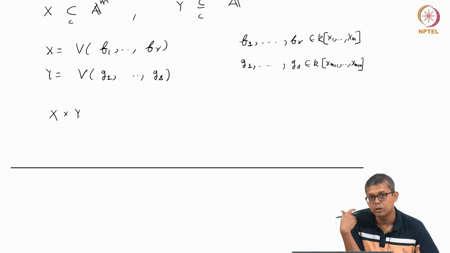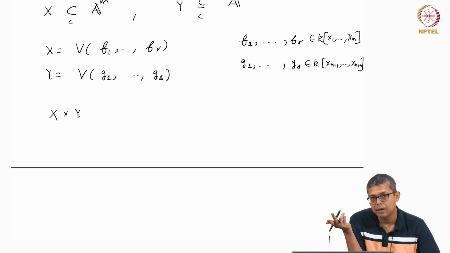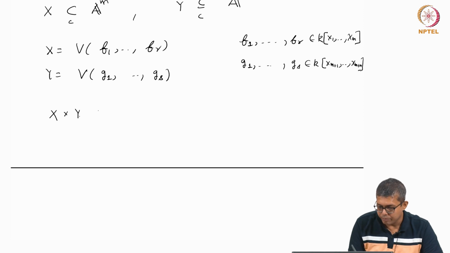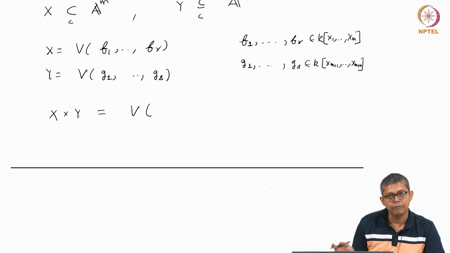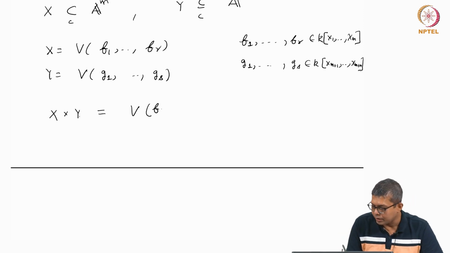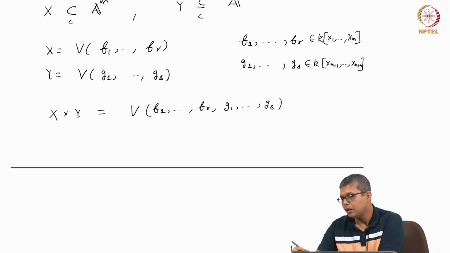Similarly, X cross Y you can identify with some subset of A^(n+m). So this is nothing but the points (x, y) such that the f_i vanish on X and the g_j vanish on Y. So this is V of f1, f2, ..., fr, g1, g2, ..., gs. And these f_i are polynomials in k[x1, ..., xn], but I can think of them as polynomials in k[x1, ..., x(n+m)].